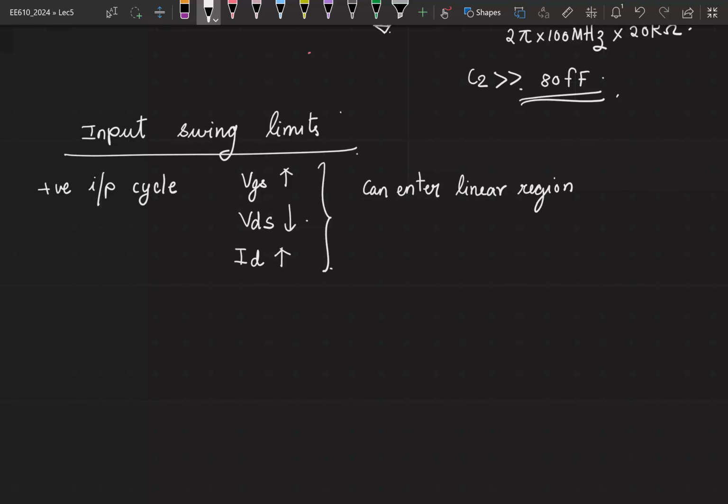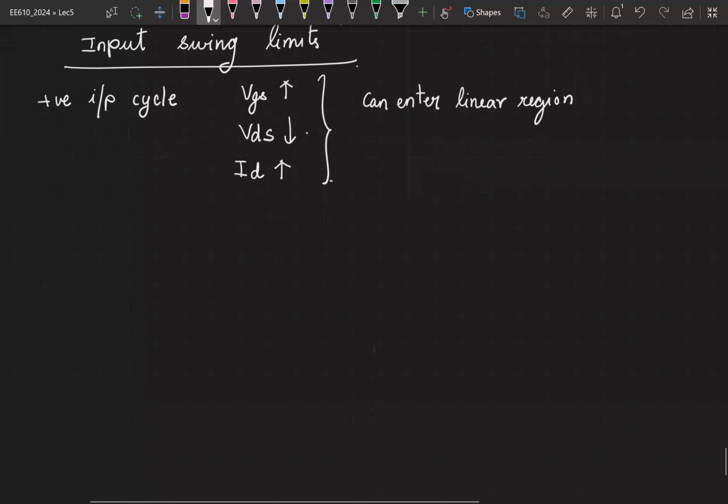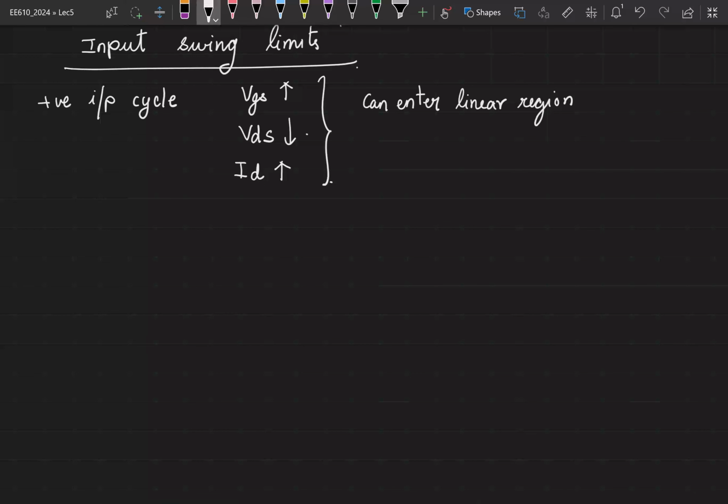Okay. Now, you don't have to learn by heart the equation that we derived earlier. We start from the basics again. So your VDS0 plus the small signal VDS has to be greater than VGS0 plus the small signal VS minus VTH. What was the VDS0 that you derived? 7 volt, right?